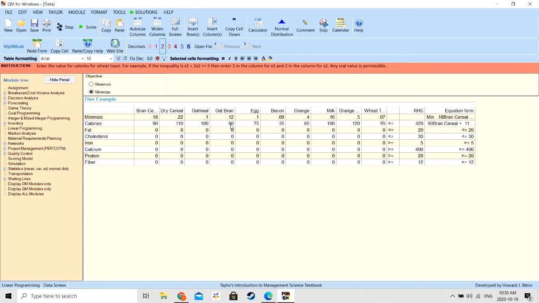Okay, so we've entered our calories. Next, we want to enter our fat content. Some of them will have fat, others might not. And if it doesn't have any fat in it, we simply leave it at 0 in the table.